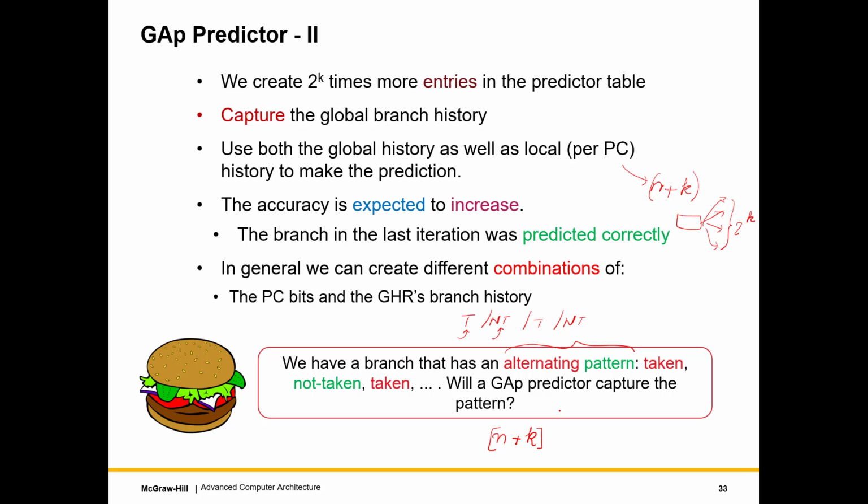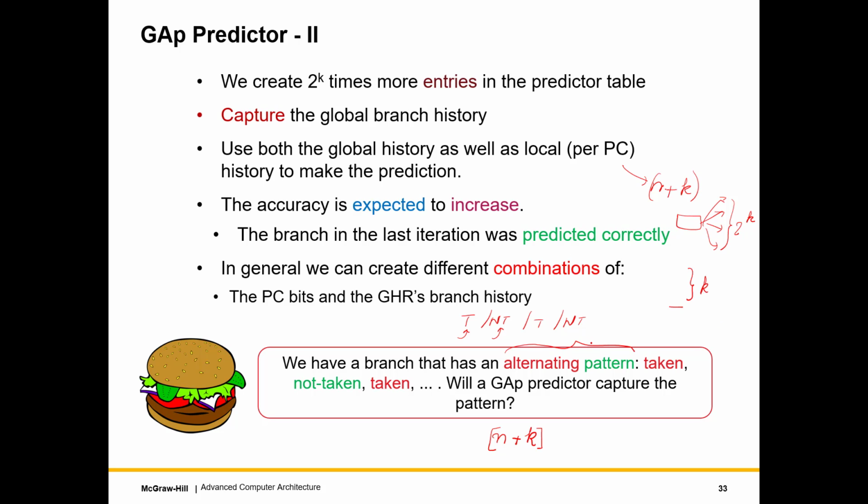But this need not be the case all the time, because the GHR is not taking the PCs into account. Essentially it is the last k branches in the dynamic instruction sequence, which can be any set of program counters. So in this case, having a unique signature for taken and not taken might not be possible all the time.